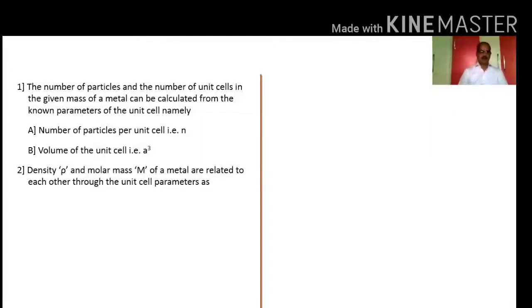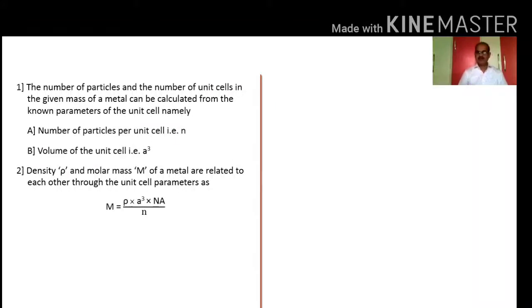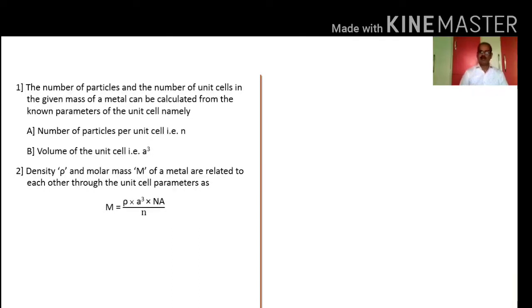We also know that density rho and molar mass M are related to each other with the help of the above two parameters. This formula we have derived: M, which is molar mass, is equal to rho, that is density, into a cube, that is edge length cube, into Na, Avogadro's number, upon n, that is the number of particles per unit cell.